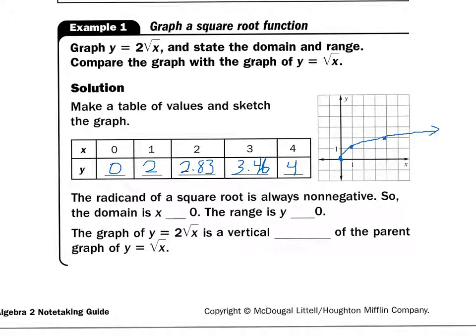So this is 0. 1 is 2. And then 2 is almost 3. 3 is about 3.5. And then we have 4 is 4. So it goes up like that.